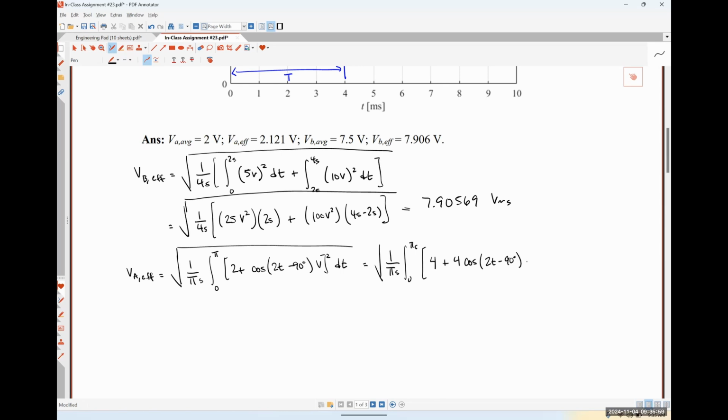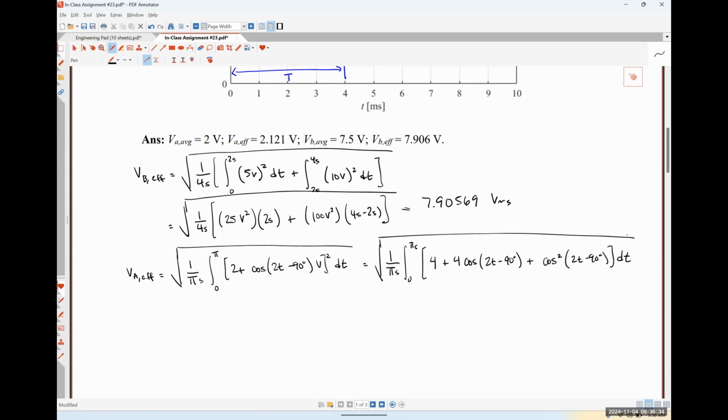And then I'm going to have cosine squared 2t minus 90 degrees, like so. So before we move on to our next step, did I FOIL that thing out correctly? I think I did, but I just want to make sure, because this is the type of place where it seems like I would make a mistake.